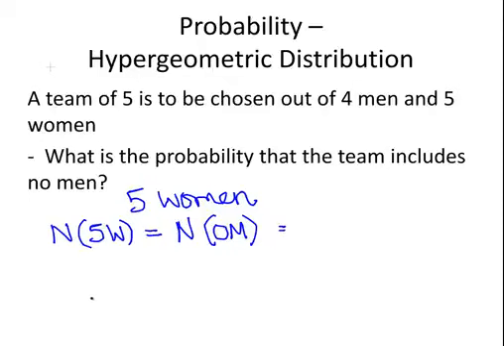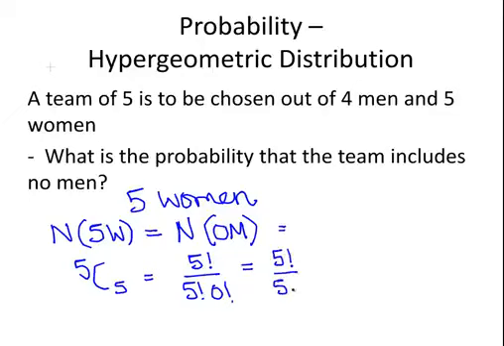5 choose 5 is 5 factorial over 5 factorial times (5 minus 0) factorial divided by 0 factorial. 0 factorial is 1, so we have 5 factorial divided by 5 factorial, and that is just equal to 1.